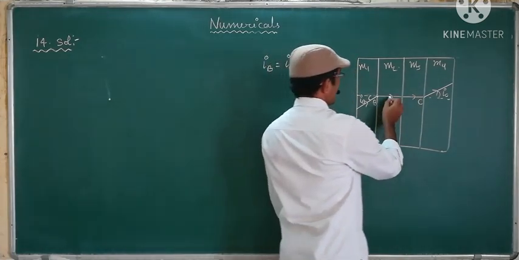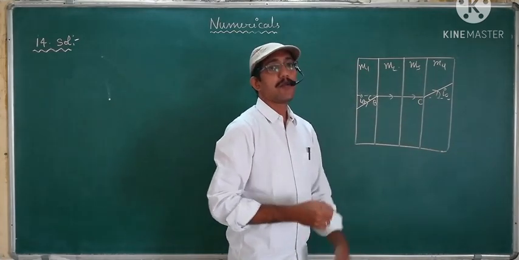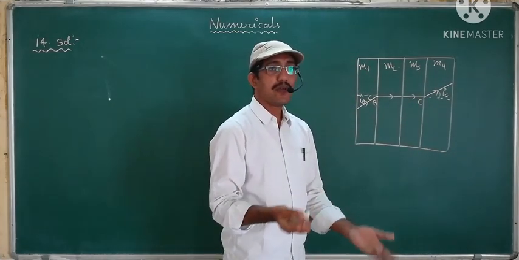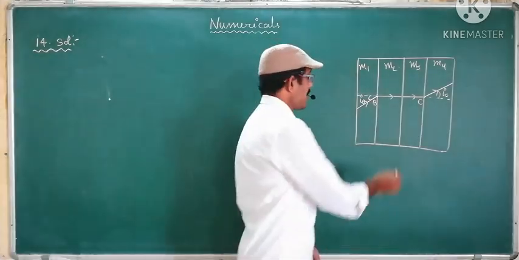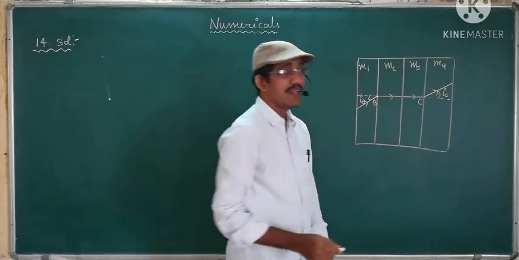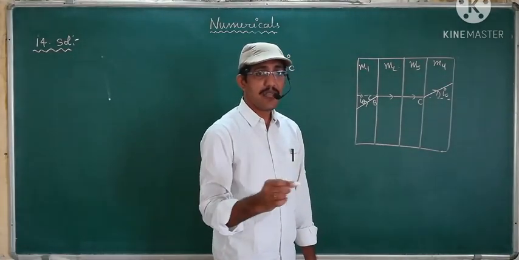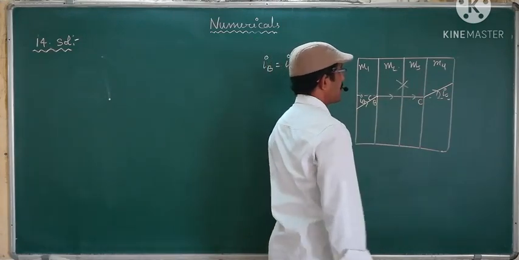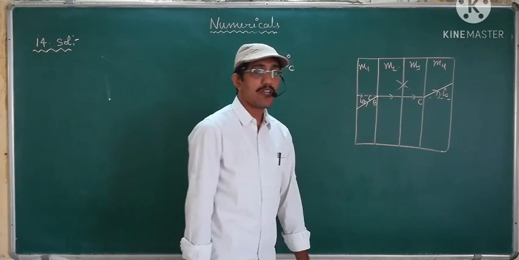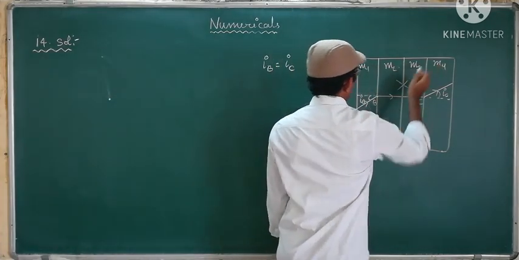Even though it doesn't refract, it may be that M2 is equal to M3, or M2 is not equal to M3. Irrespective of that, if the light is incident normally, then it doesn't deviate at all. It will pass in the same direction. So we can't say M2 is equal to M3 or not. So we need to find the relation between M1 and M4.